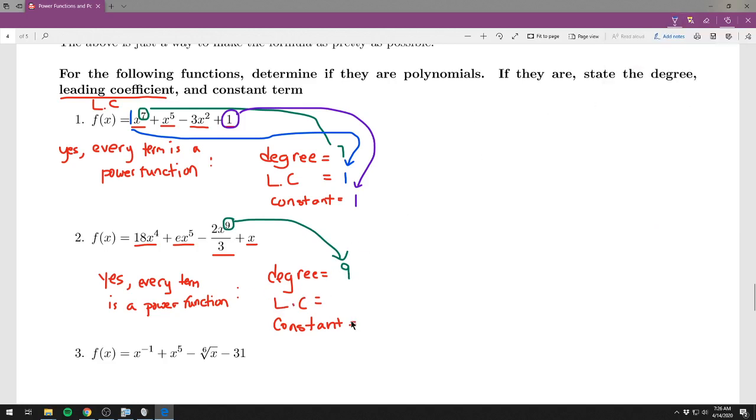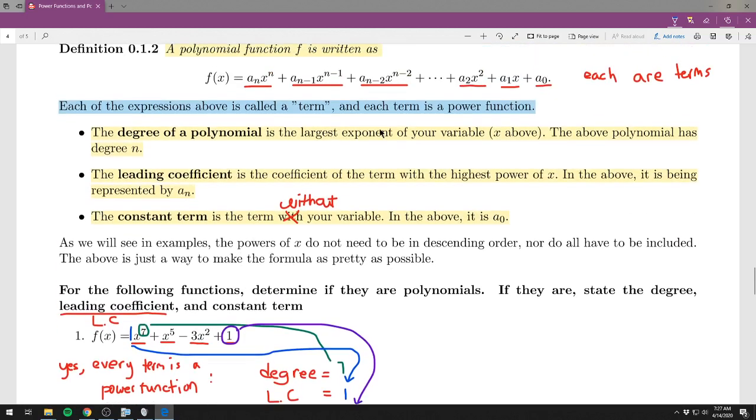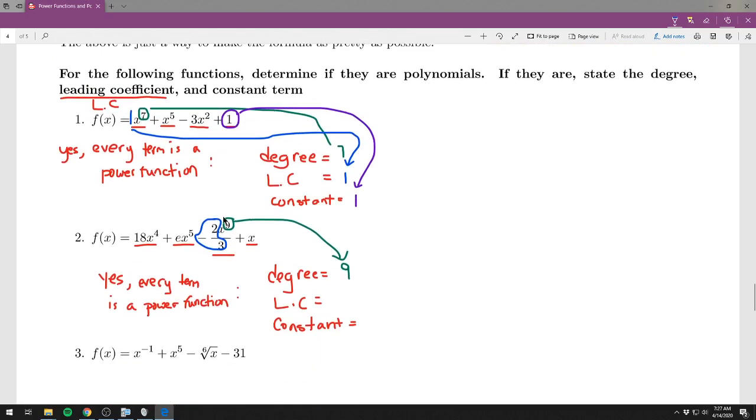The leading coefficient is the number multiplying the largest power of x. So if we're looking at x to the 9th here, what's multiplying it? We have 2 over 3. But we've also got this negative sign here. And you do have to include the negative sign. That is because the definition of a polynomial has a whole bunch of pluses in it. So if we're talking about coefficients, we have to take negative signs with them.